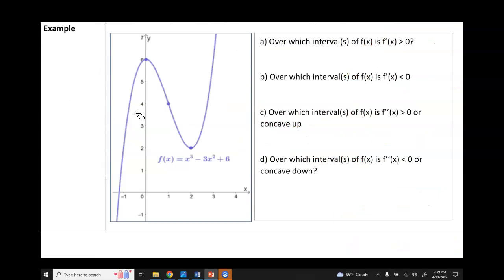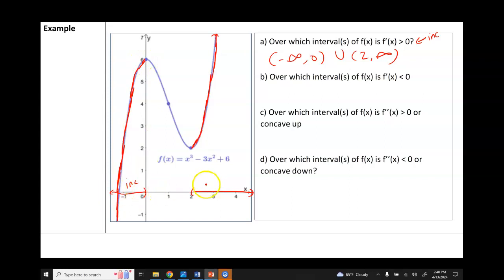Next example, it says over which intervals is f prime of x greater than 0. So remember, f prime of x greater than 0, this means, is the function increasing or decreasing? So if I go from left to right, the function is going up until we hit the x value of 0. And remember, for increasing, decreasing, we only measure the x values.